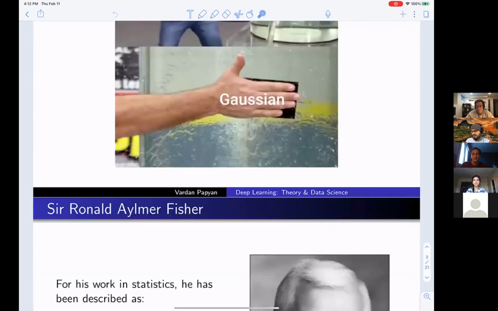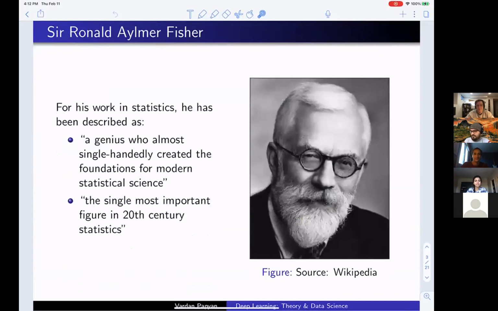And in today's lecture we're going to talk about an algorithm that was originally proposed by Sir Ronald Aylmer Fisher, who goes by the name of R.A. Fisher. And here you can see a picture of him on the right, and on the left, you can see some quotes describing this person.